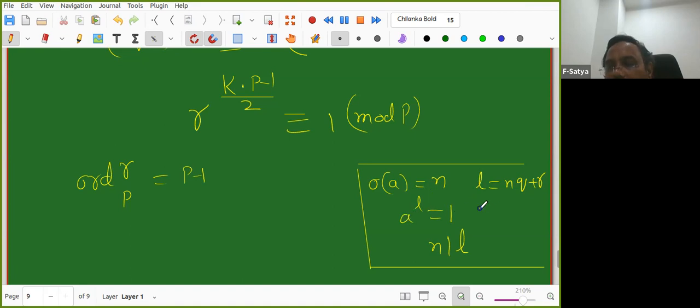So a power l equal to 1 means a power nq plus r equal to 1.